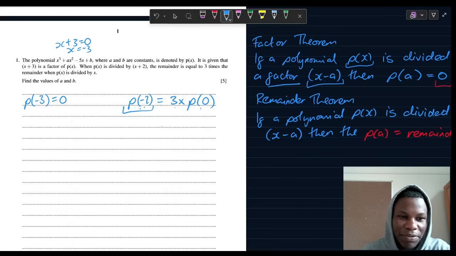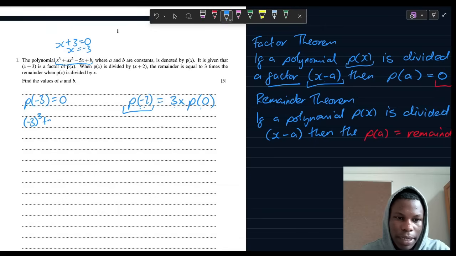Let's start with p of minus 3 is 0. So p of x is this function here. So we're substituting x with minus 3, so minus 3 cubed plus a times minus 3 squared minus 5 times minus 3 plus b, and we know that this is all equal to 0.